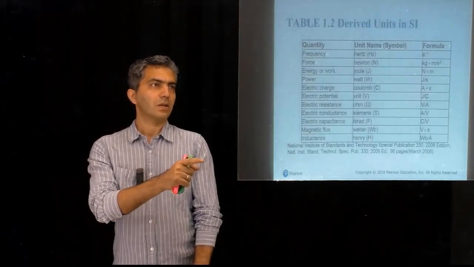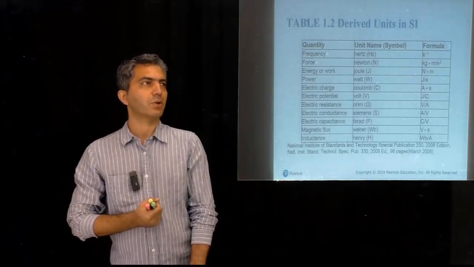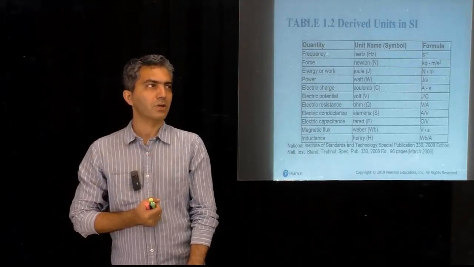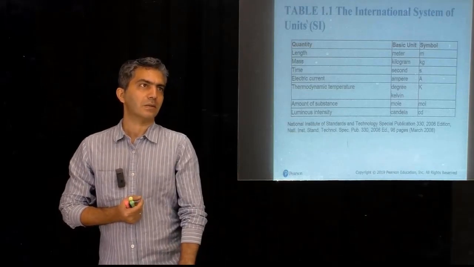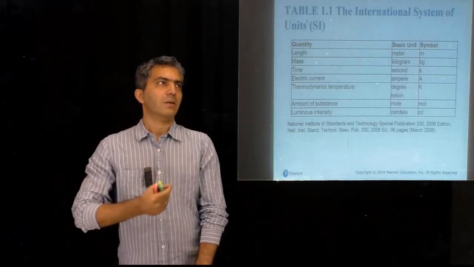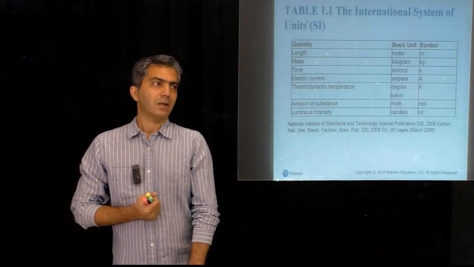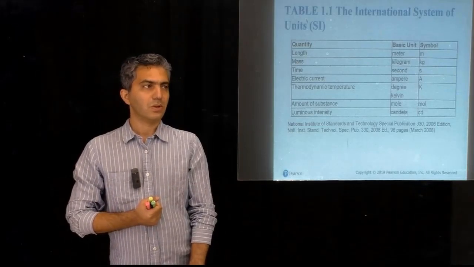by the way, these are important, and they're explained in the first chapter of the book. These are the units for some of the physical quantities that we're going to use, and these are the main units in the International System of Units, SI, that the book is going to use.